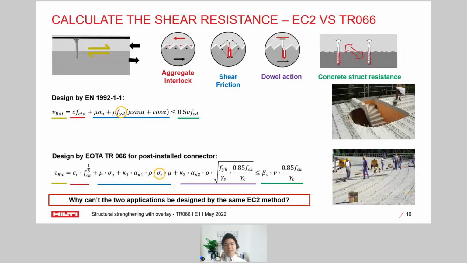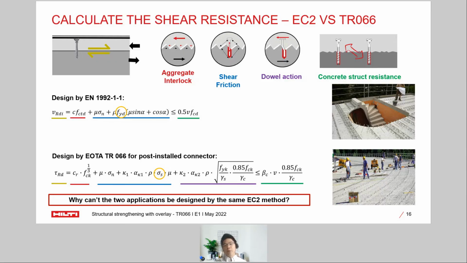Since the interface is not perfectly smooth, the two sides of the interface, due to lateral displacement, will detach from each other and thereby load the connector in tension. This tension in the connector also transfers and creates compression and friction between the two layers.